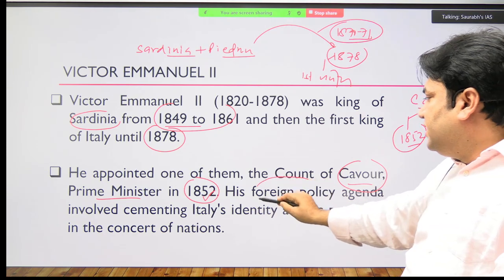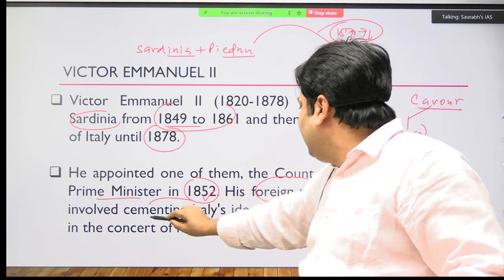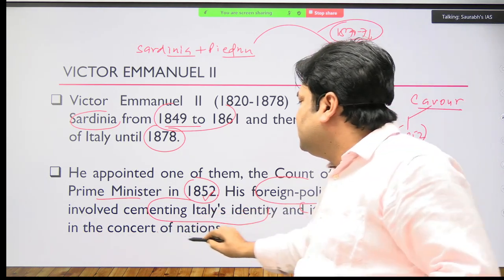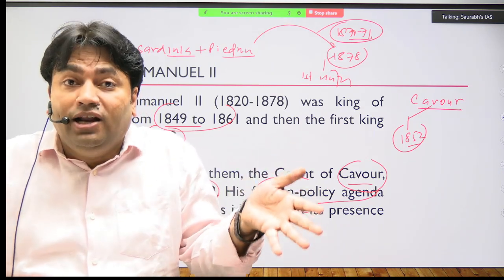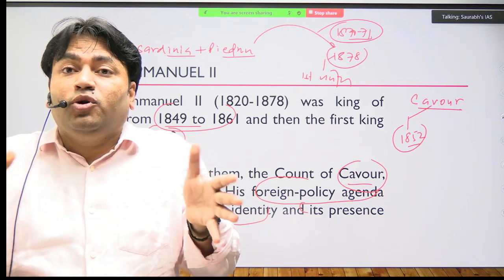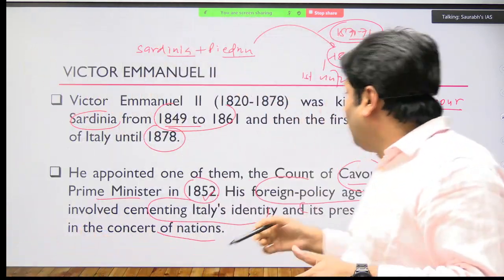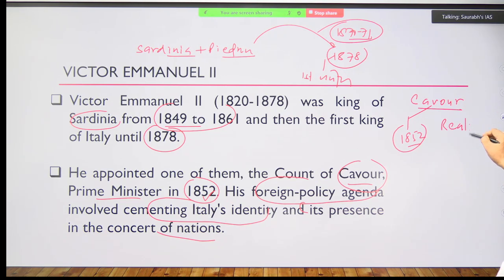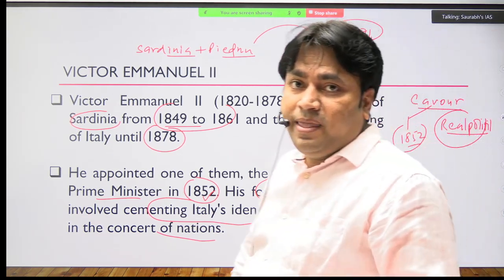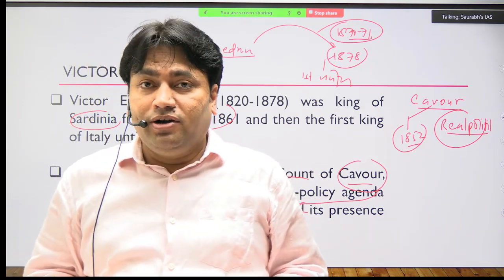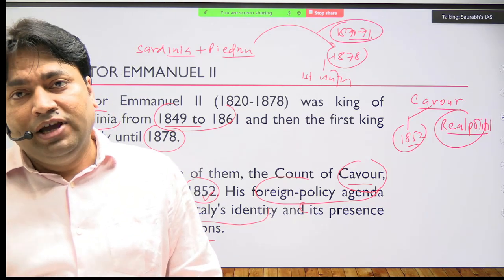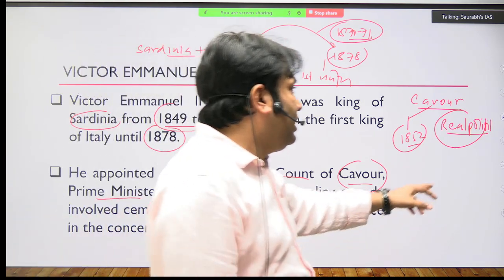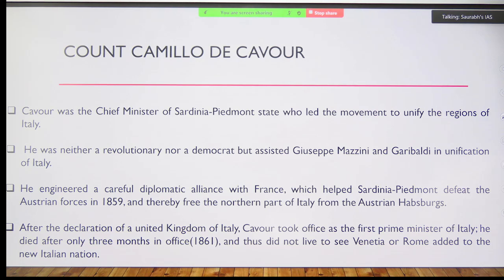His foreign policy agenda involved cementing Italy's identity and its presence in the concert of nations. यानी कि अभी तो प्रोसेस ऑफ यूनिफिकेशन चल ही रहा था, उसमें कावूर ने जो डिप्लोमेसी करी, that diplomacy is also known as Realpolitik. उसी डिप्लोमेसी को हम रियल पॉलिटिक के नाम से भी जानते हैं. And that diplomacy played a very important role. That diplomacy was helpful in completing the process of unification of Italy. यूनिफिकेशन ऑफ इटली को कंप्लीट करने में उस डिप्लोमेसी का भी बड़ा इंपॉर्टेंट रोल रहा है.